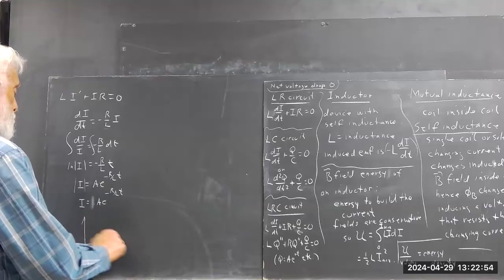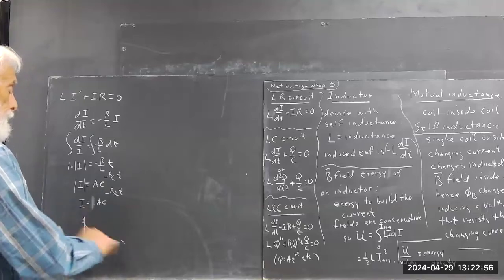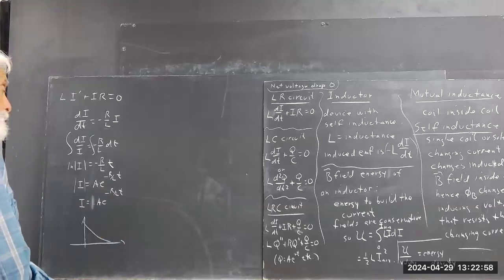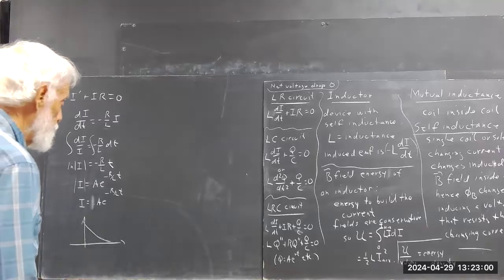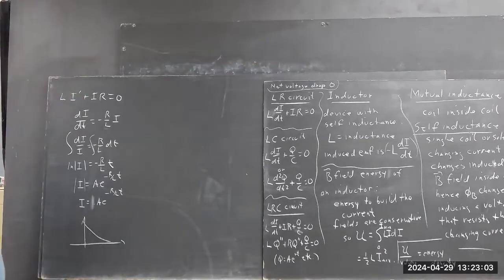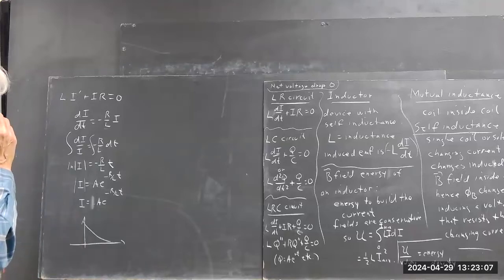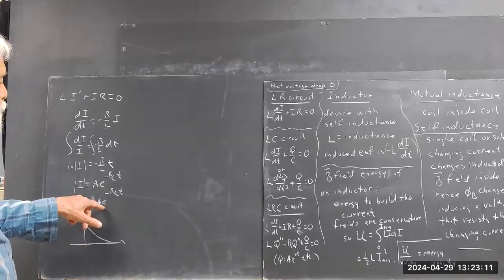From elementary pre-calculus, we see that this is a decreasing exponential function. We see that its time constant is the time it takes to fall to 1 over e.